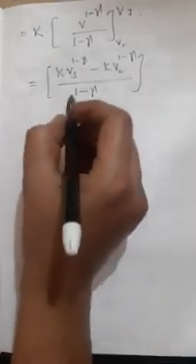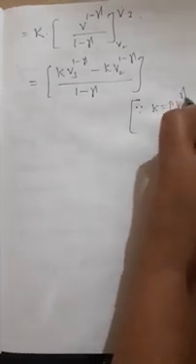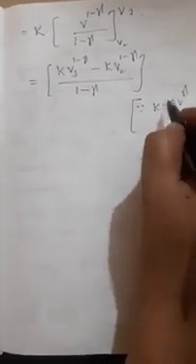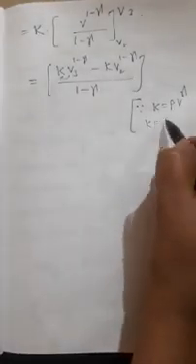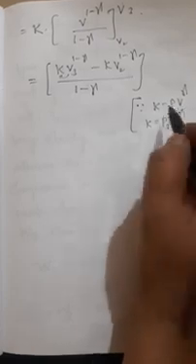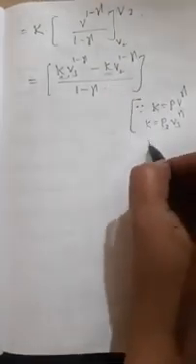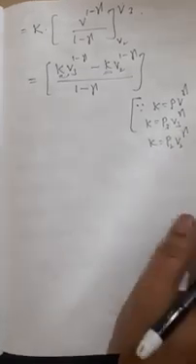So we know that K is equal to P V to the power of gamma. At this situation, if you substitute the value of K, it will be equal to P3 V3 to the power of gamma, and at this position K will be equal to P2 V2 to the power of gamma.